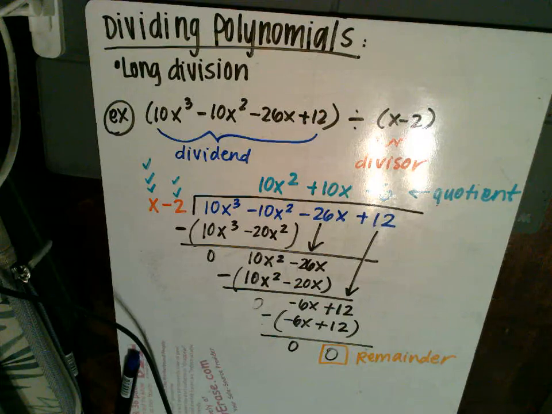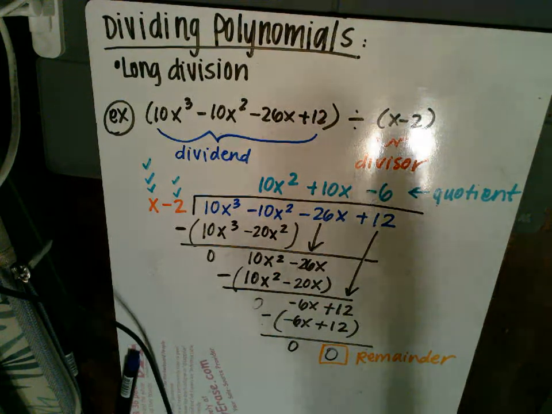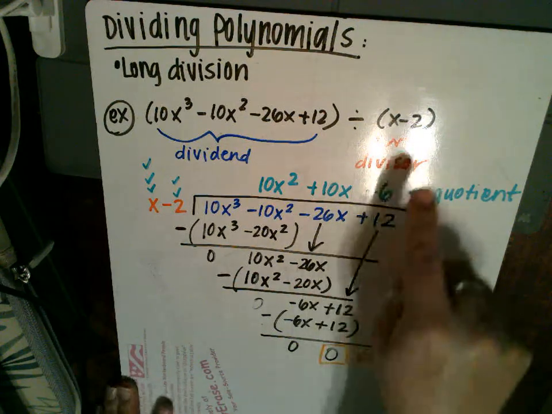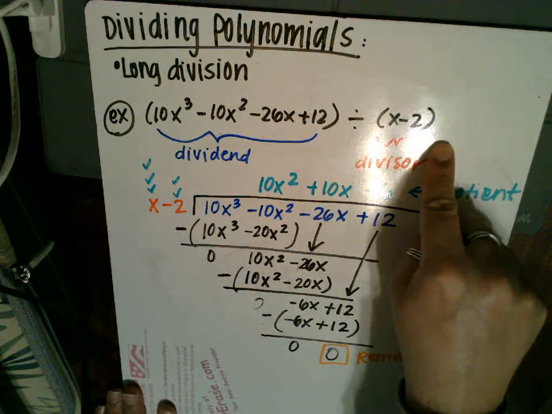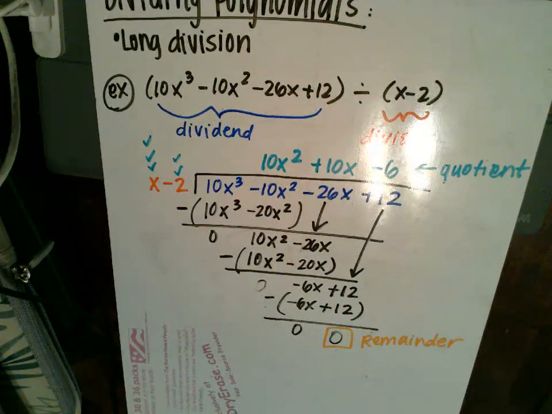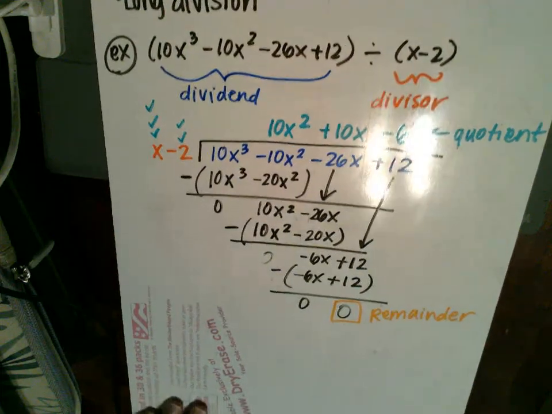So if you get a remainder of 0, that means that your polynomials divide evenly. Just like 5 divides 10, there's no remainder. In this instance, this polynomial does evenly divide 10x to the third minus 10x squared minus 26x plus 12.